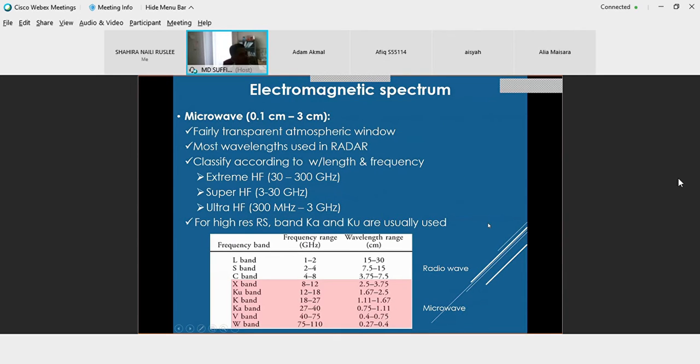And then kita ada microwave, daripada 0.1 hingga 3 cm. So classification is based on frequency. So kita ada daripada ultra high frequency, super high frequency, extreme high frequency. So kalau kamu tengok pada radar, so dia boleh pecahkan radar tu kepada sama ada L-band ke.